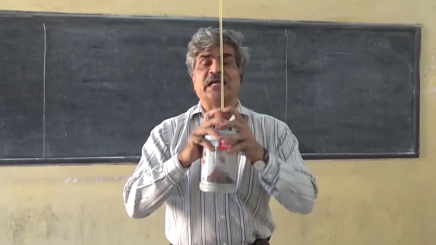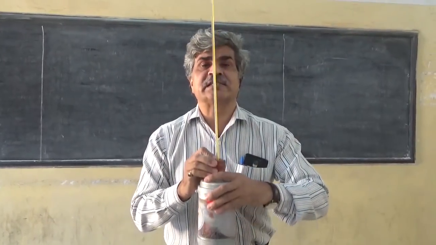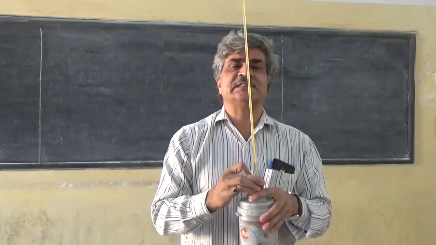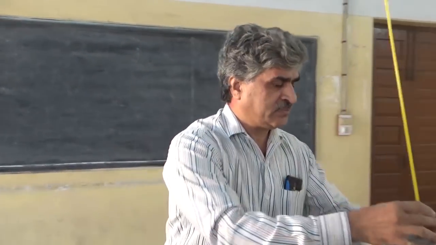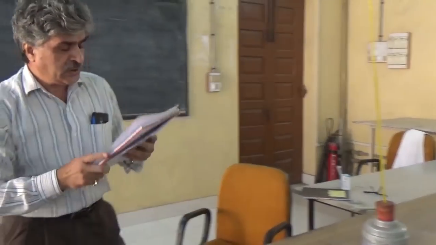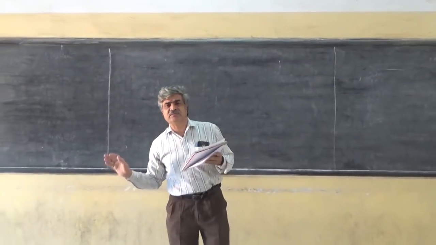This neutralization is an exothermic reaction which is indicated by temperature rise in this thermometer. So we will note down the temperature rise and record it. This experiment is very simple.